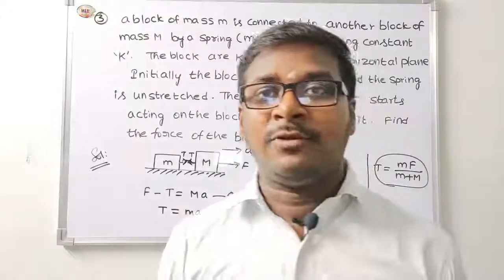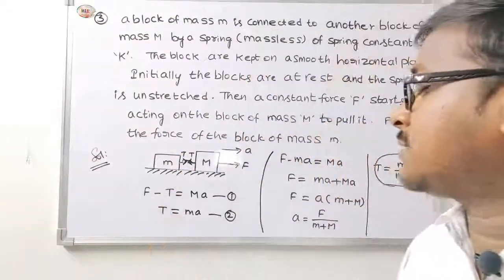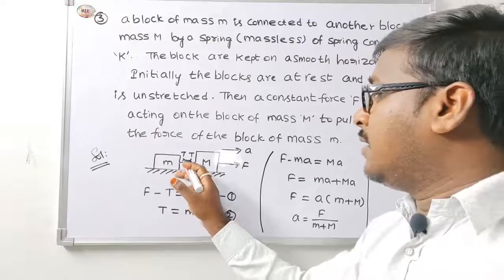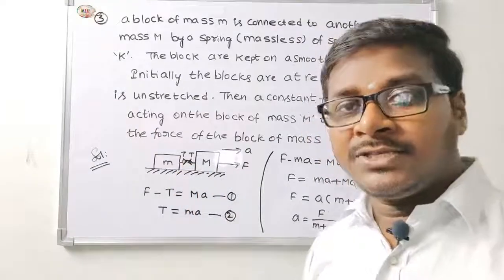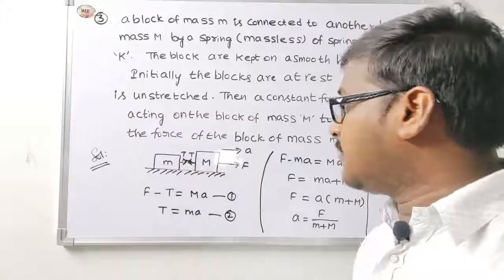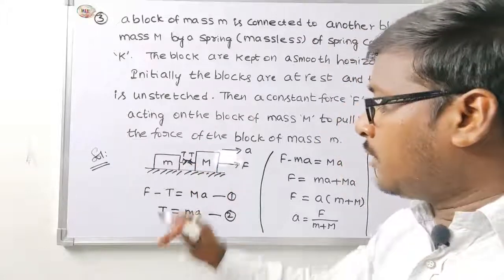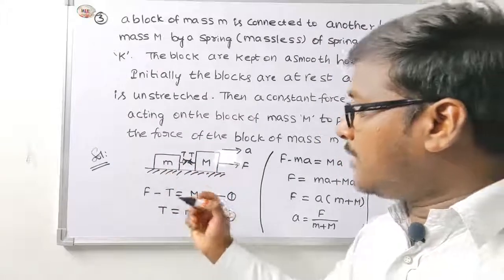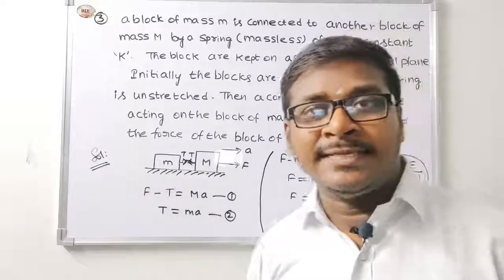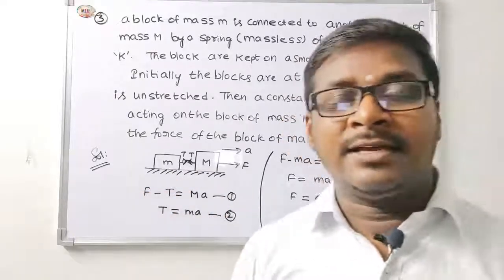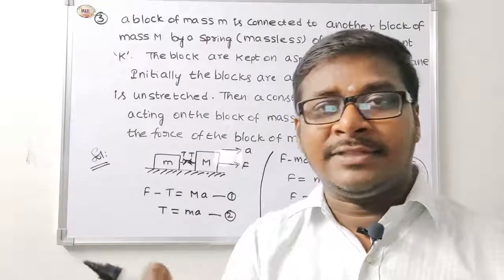So what type of force is acting? The tension force acts along the spring, or along the cable or string. Let us take two blocks of masses, the first block small m and the second block capital M, connected with a spring.